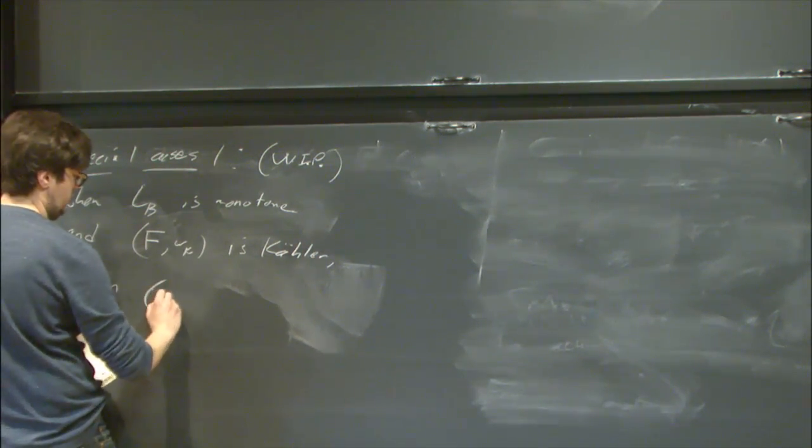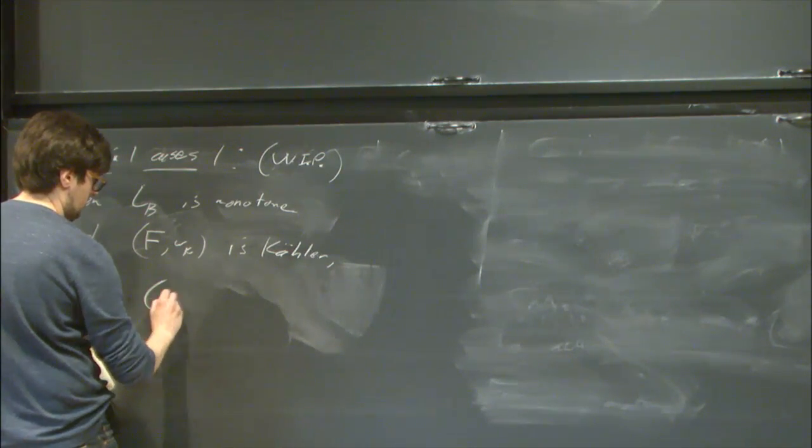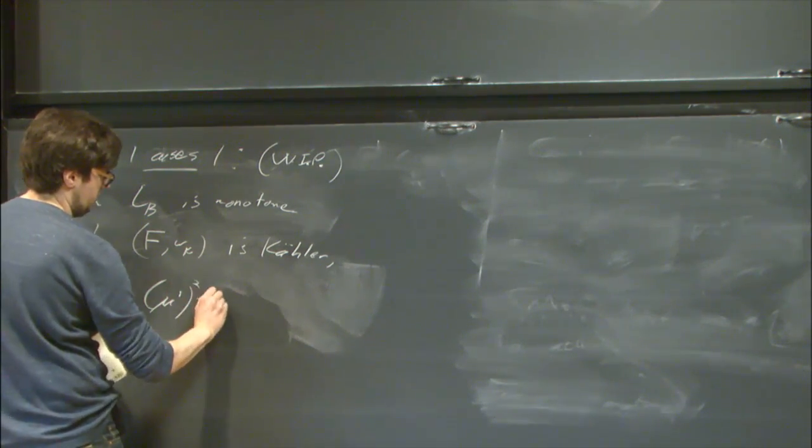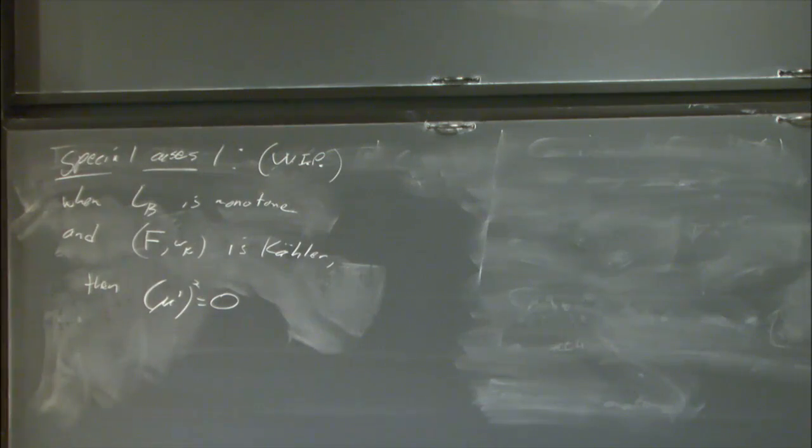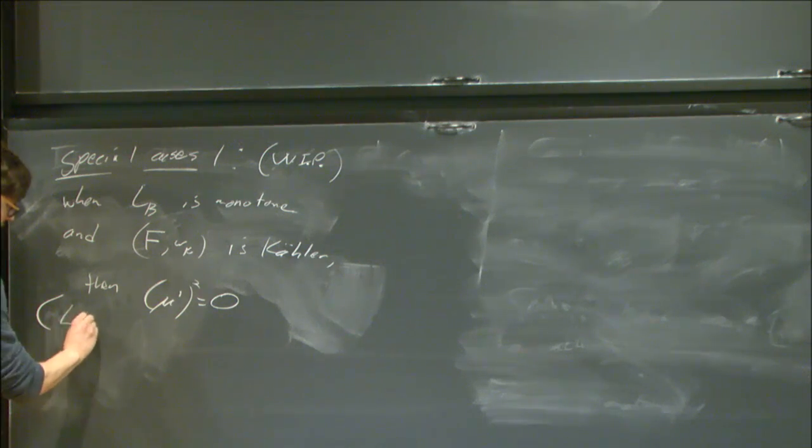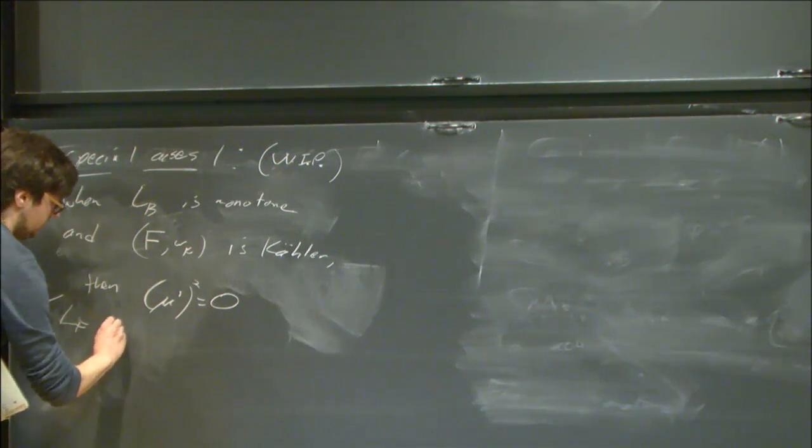Then you would hope, at least in this case, that mu1 squared is equal to 0, so that the Lagrangian is unobstructed. And here I'm also assuming, as in my whole talk, that L_F is also monotone.